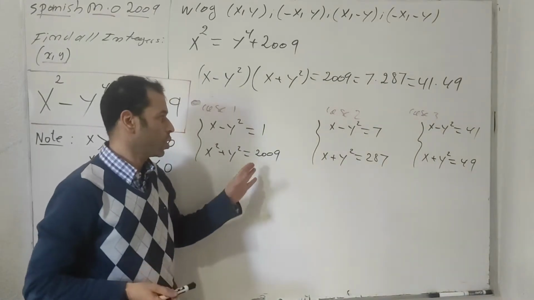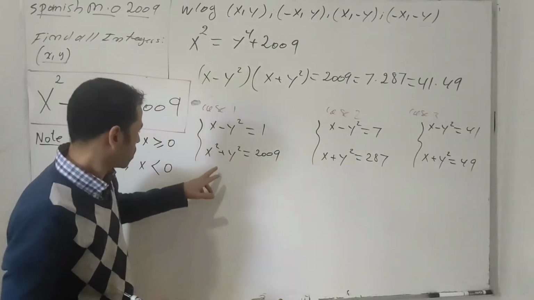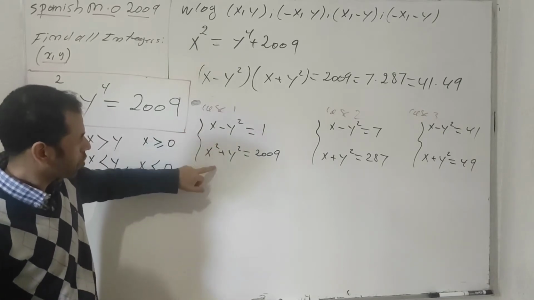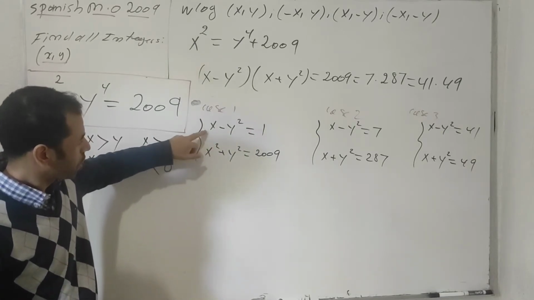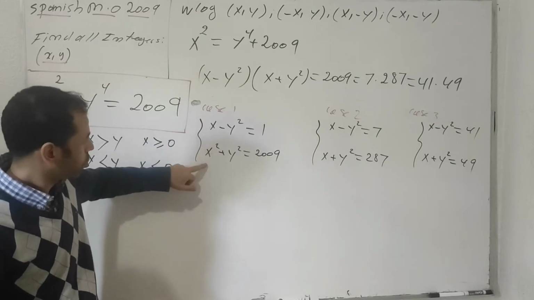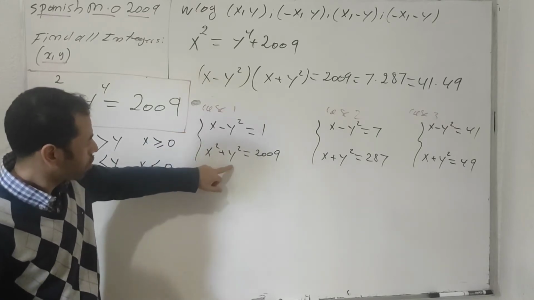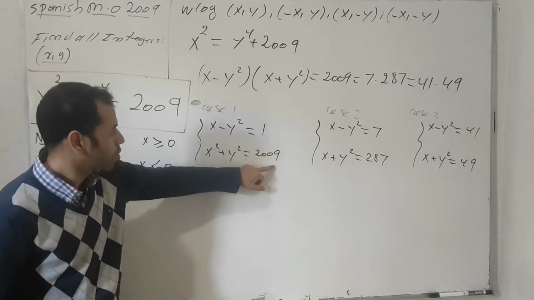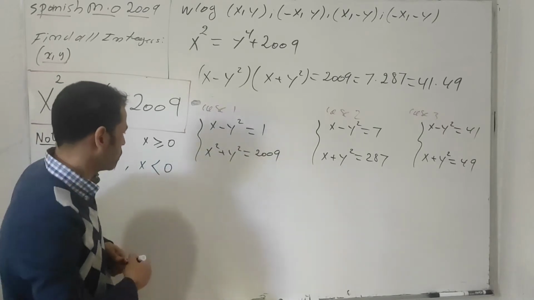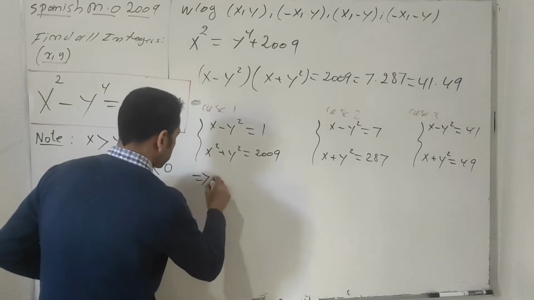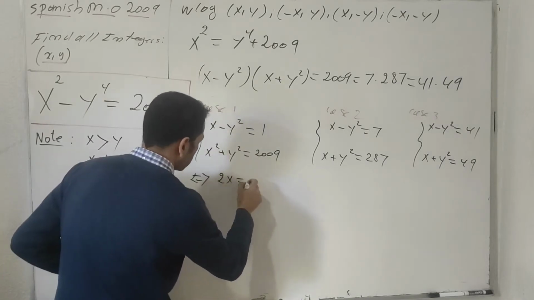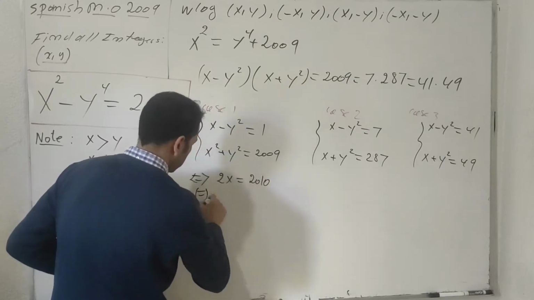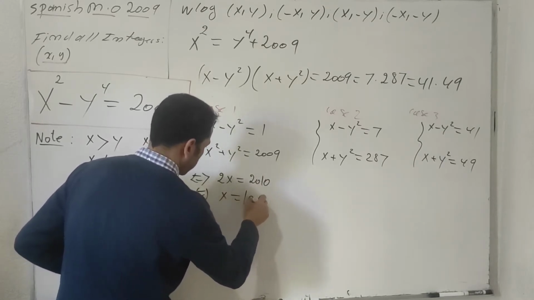Now I'm going through each case, starting with the first one. This is very simple to calculate by adding equation number 1 and equation number 2. y squared will be eliminated. I will get 2x equals 1 plus 2009, which is 2010. Equivalently, x equals 1005.